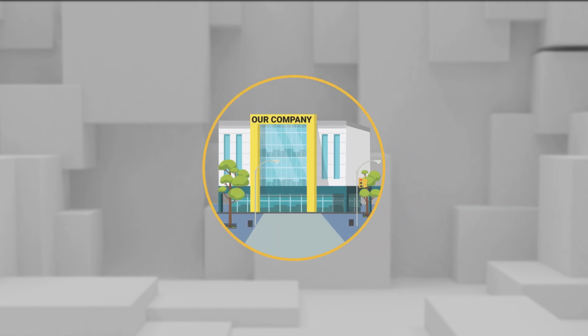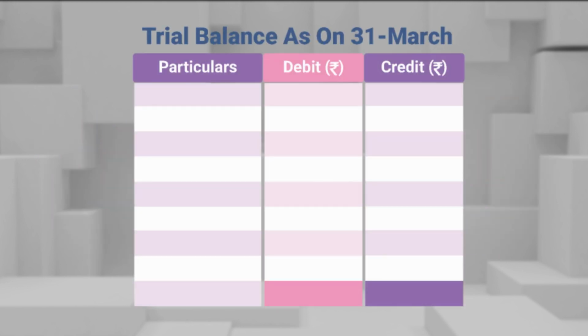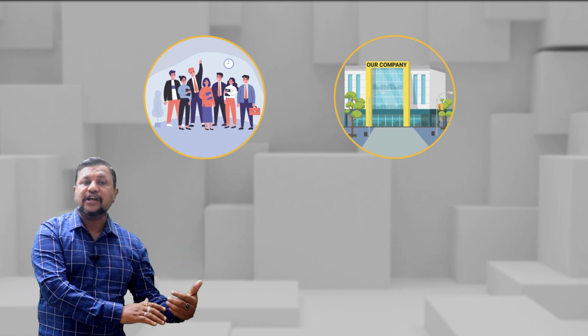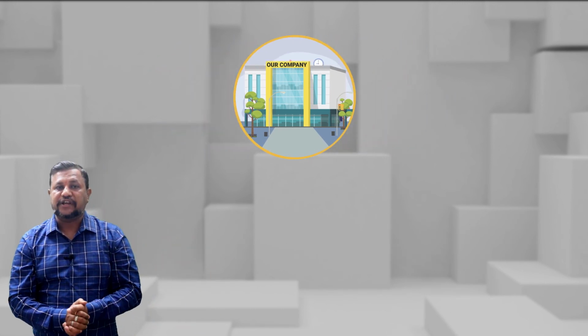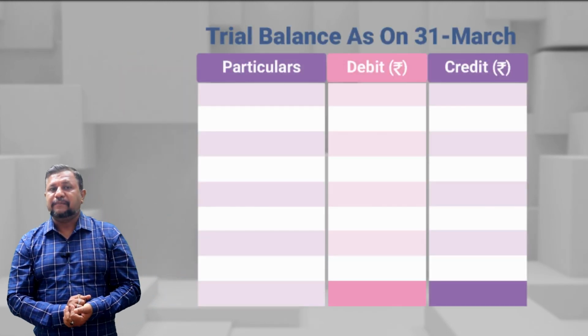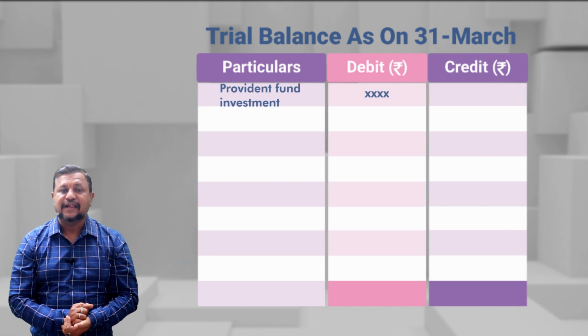Well, the investments which are done by the company out of this provident fund are termed as provident fund investments. They are assets of the company and they are shown as a debit item in trial balance. The contribution which the company, the employer, does on behalf of employee towards provident fund is an expense of the firm, so it is on the debit side of trial balance.